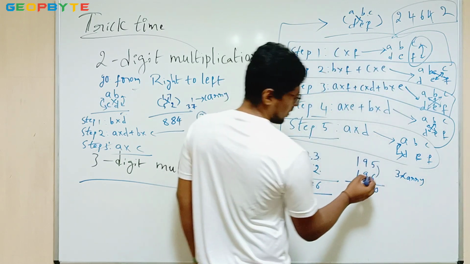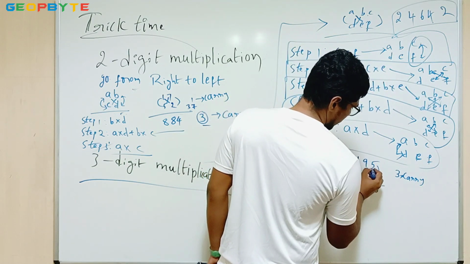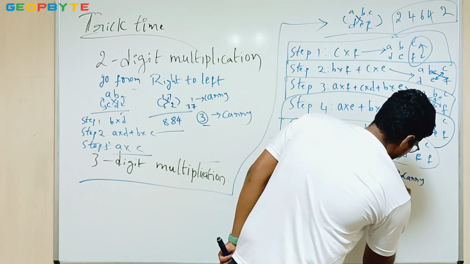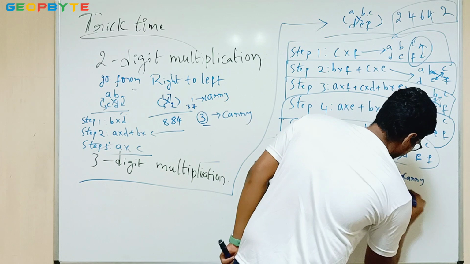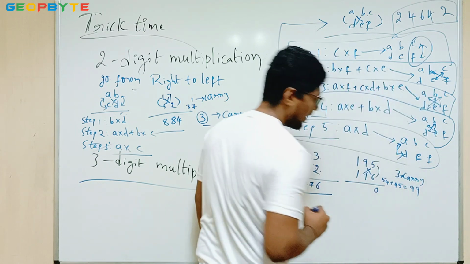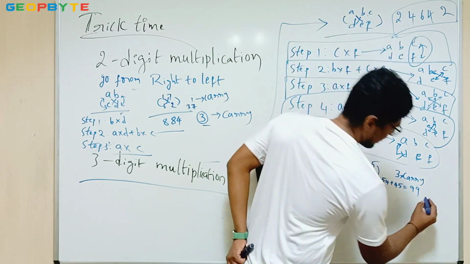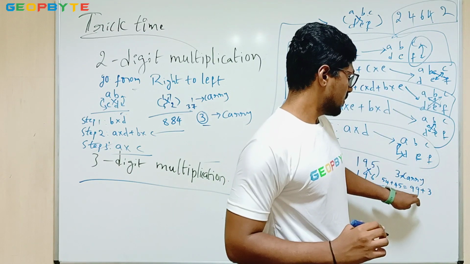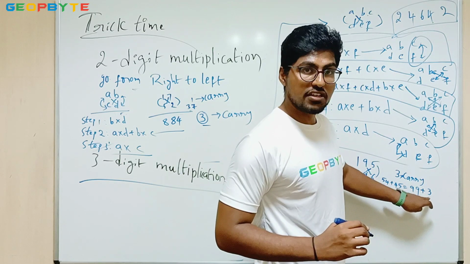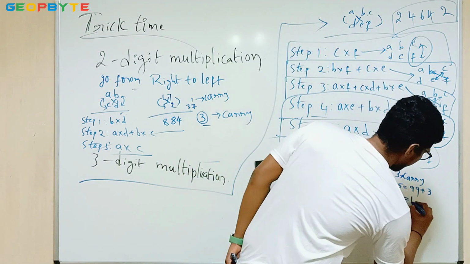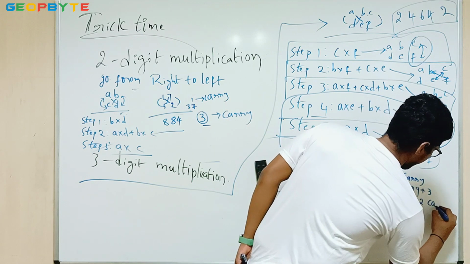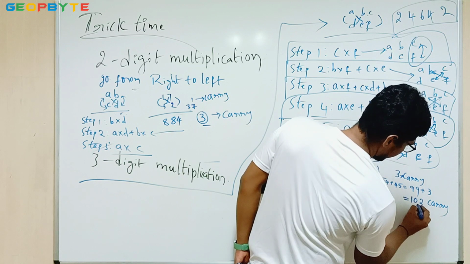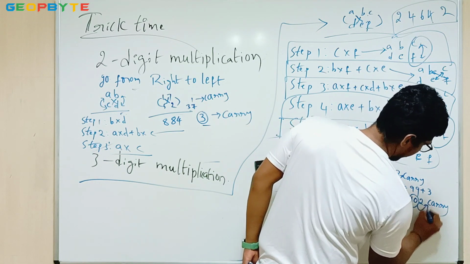After that, 54 plus 45, that would be 99, and 99 plus 3, you have to add that here, equal to 102. So 2 would be written here, and 10 would be my carry in here.